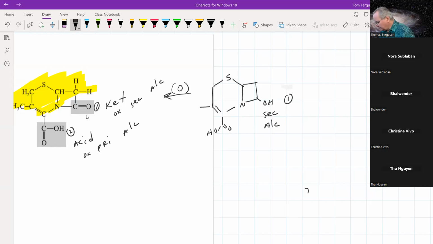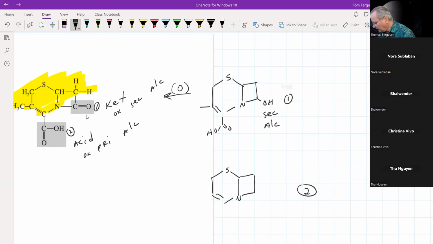Okay, so for number 2, this part over here, we have to redraw the yellow part again. And this time I'm going to start with the ketone version. We need to have down here a primary alcohol.